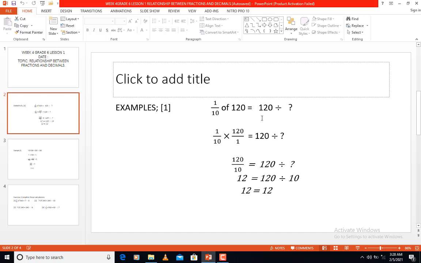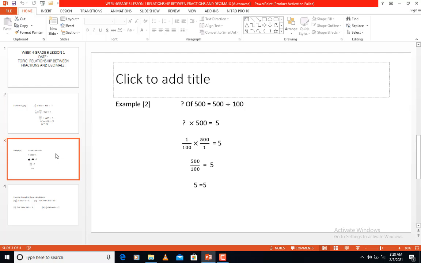So in this question, it means that 1 over 10 multiplied by 120 is equal to 120 divided by 10. That is what we are talking about, comparing decimals and fractions, the relationship between fractions and decimals.